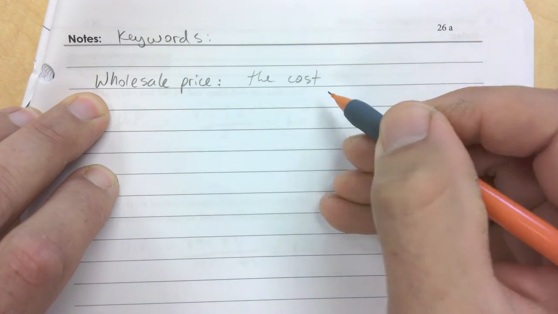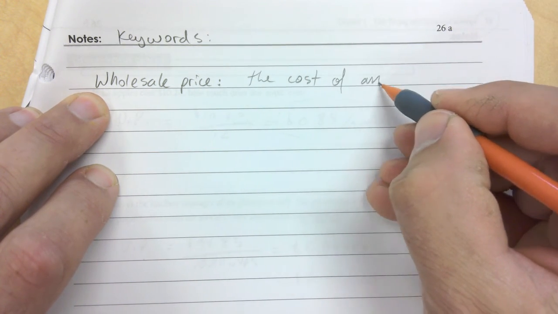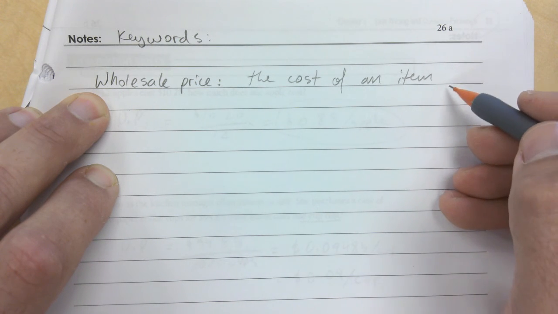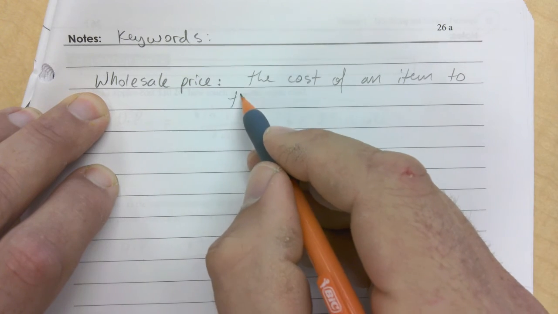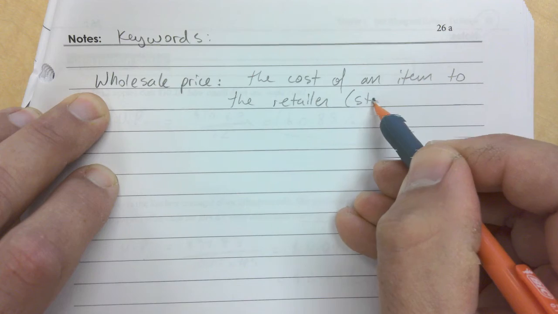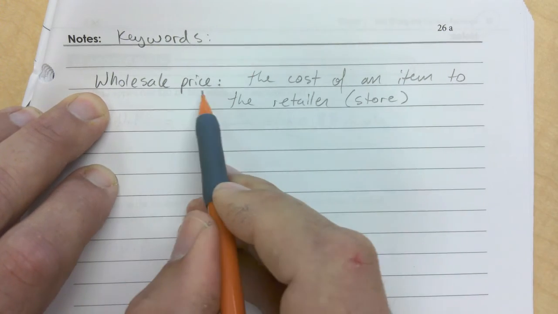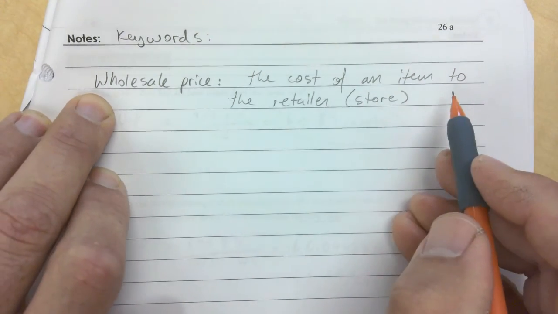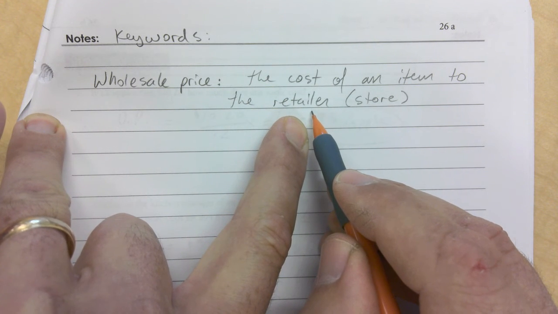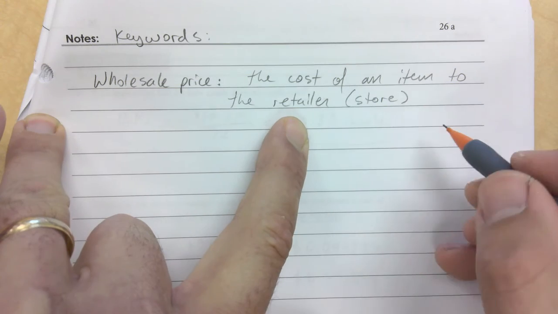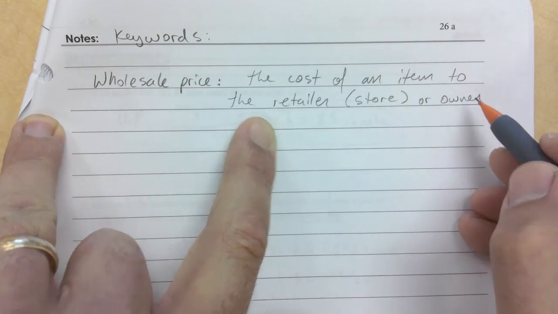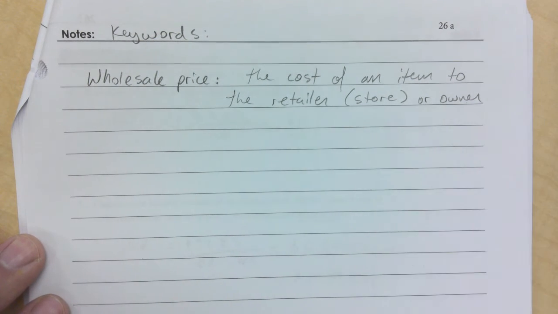The cost, so wholesale price is the cost of an item to the retailer, right? To the owner, right? It's a small business, right? It would be the owner.